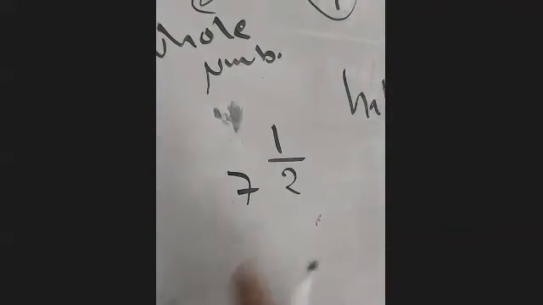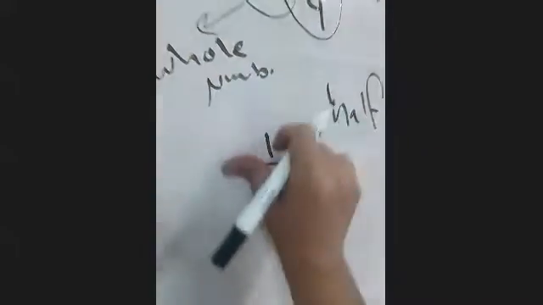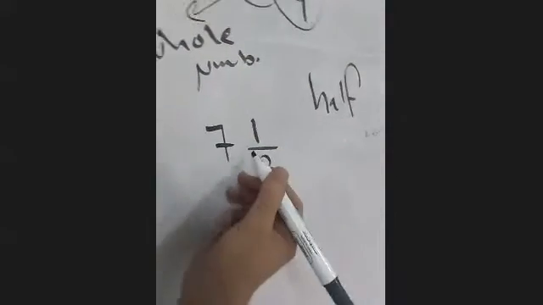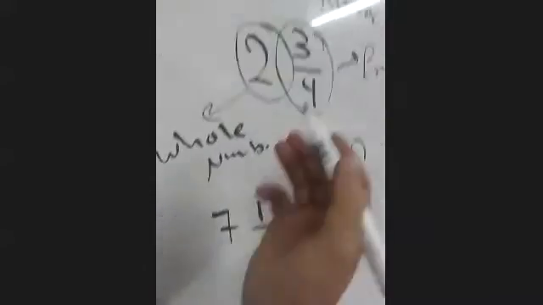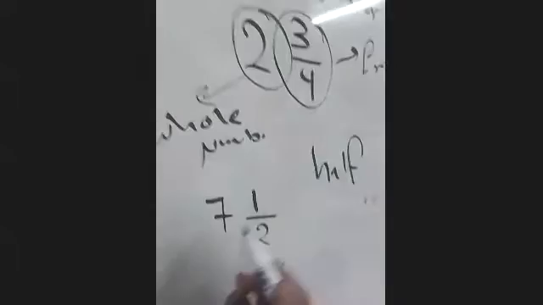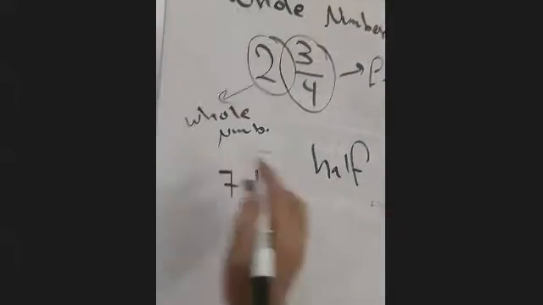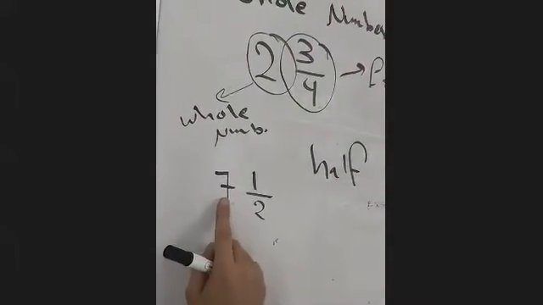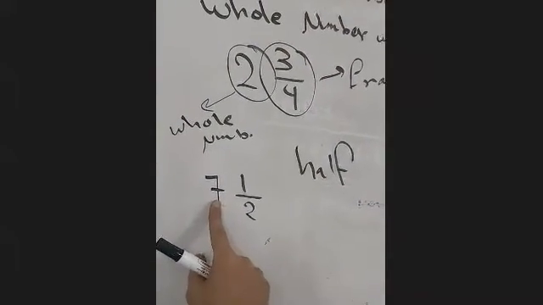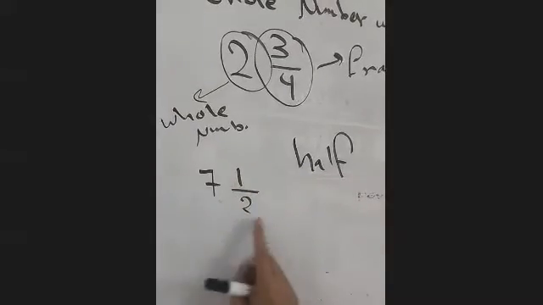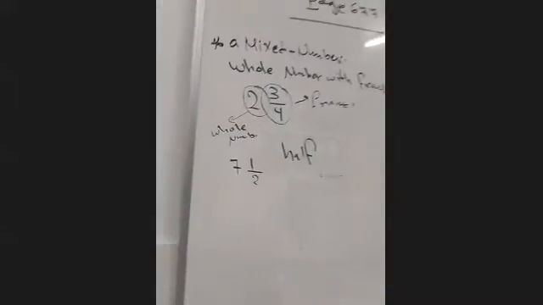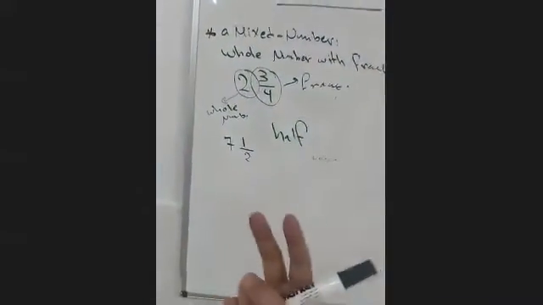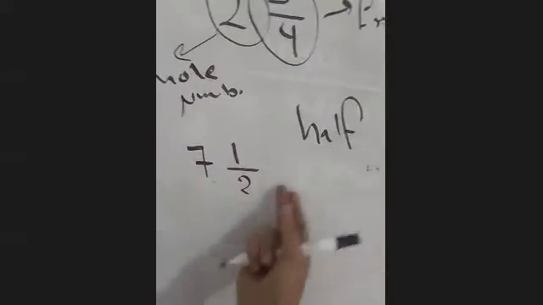No, don't do this. 7 and a half, the whole number will be beside the line at the middle. See, like this. This we call a mixed number. The first number here is the whole part, and the fraction here, we call it the fractional part.